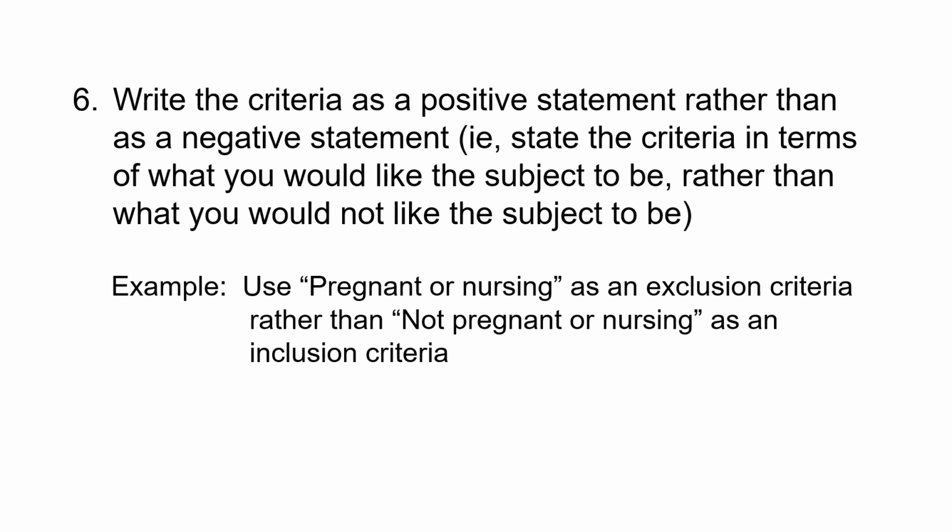Write the criteria as a positive statement rather than as a negative statement, meaning you state the criteria in terms of what you would like the subject to be rather than what you would not like the subject to be. So, for exclusion criteria, say pregnant or nursing rather than not pregnant or not nursing as an inclusion criterion.